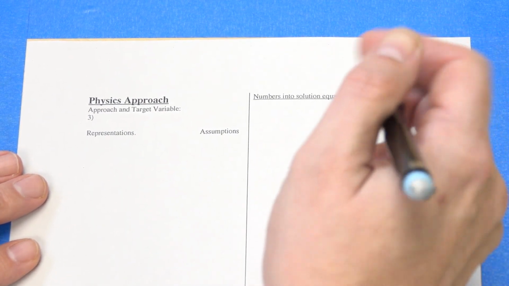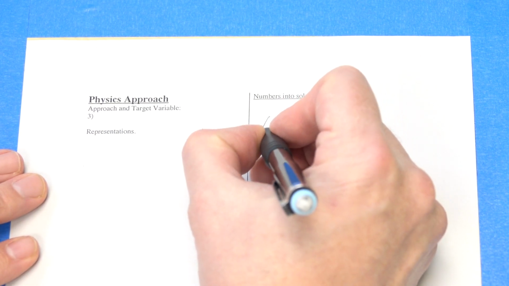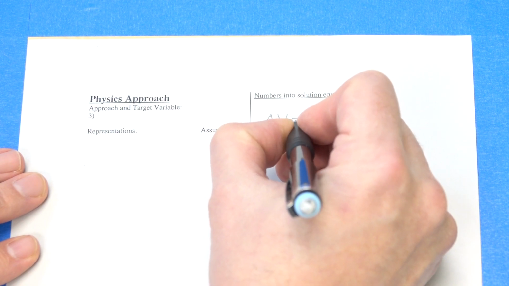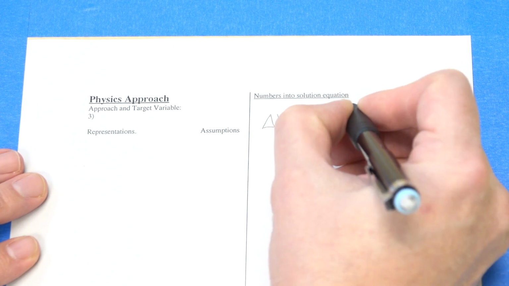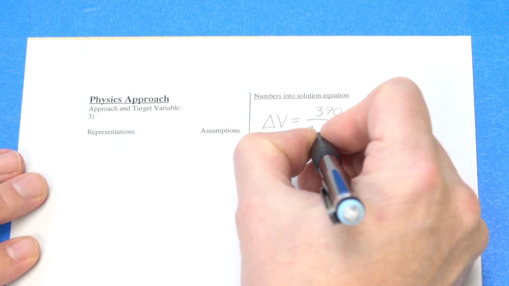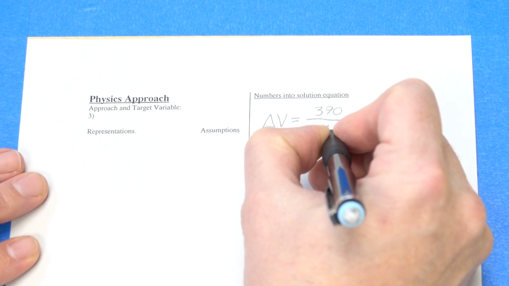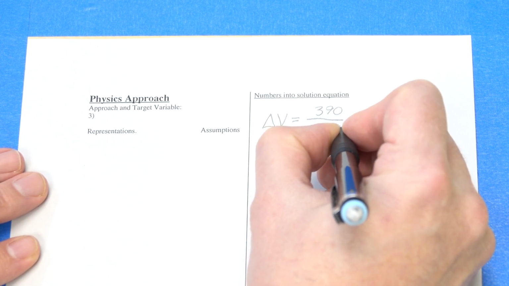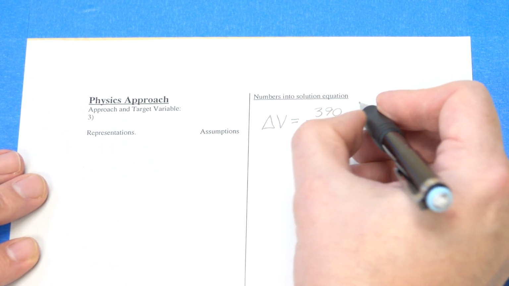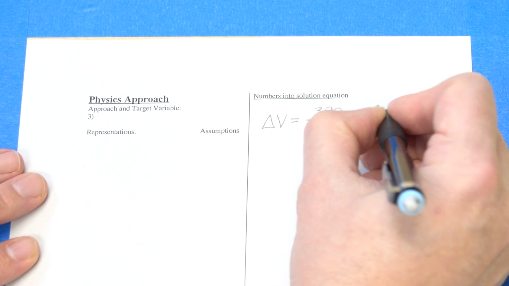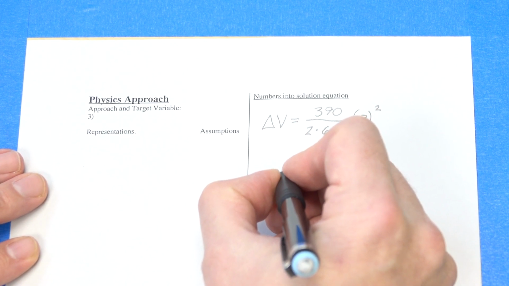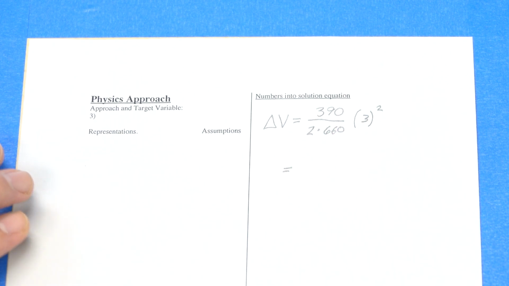So up here I can say delta v is equal to 390 divided by 2 times 660, and then I'm going to multiply it by 3 squared. And we just plug and chug into our calculator for this.